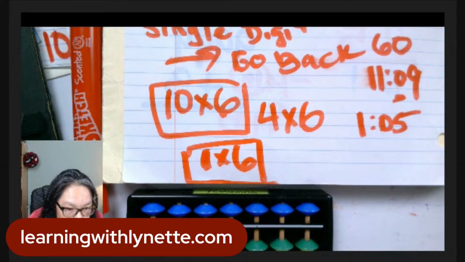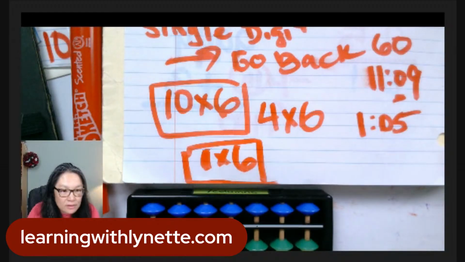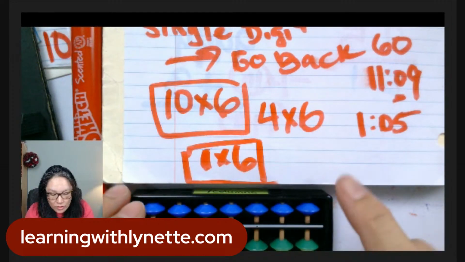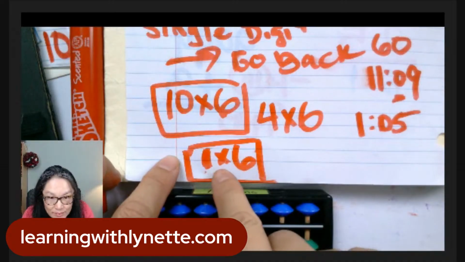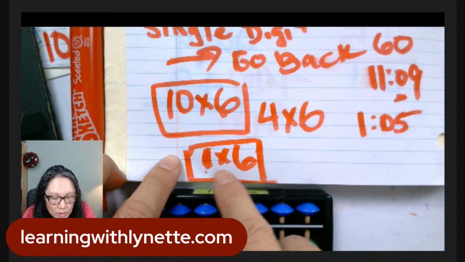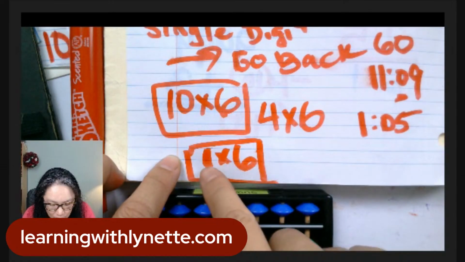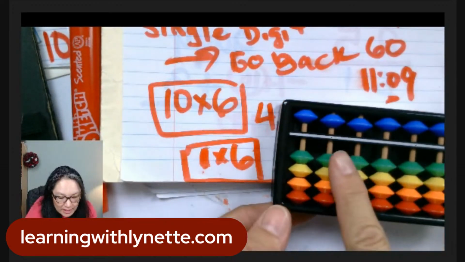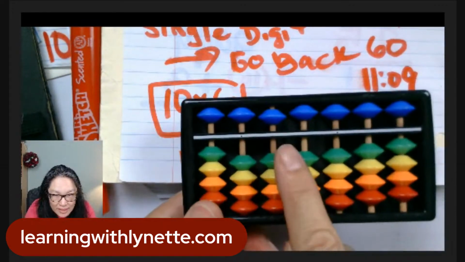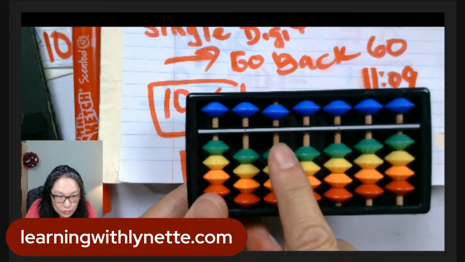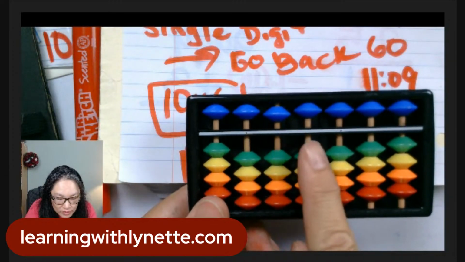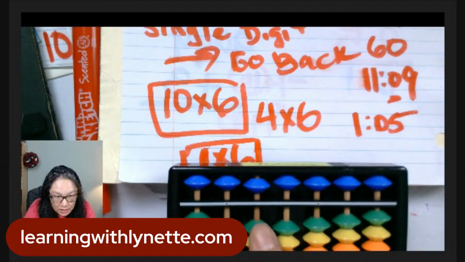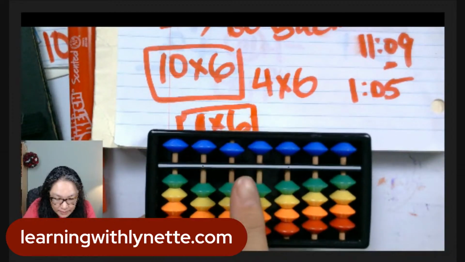To make it a double digit, to represent 60. 1 times 6 is equal to 6. We cannot keep it here. We have to move it to the next one over, when you add the 0 to the right.